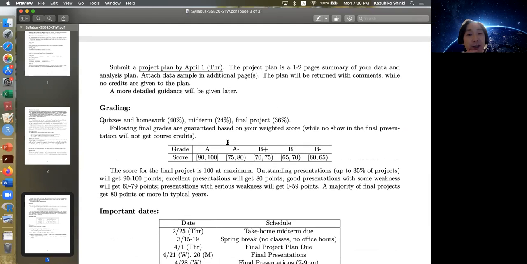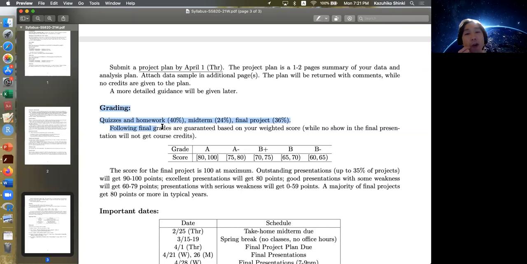Sometimes I ask students to resubmit the plan, usually if the plan is infeasible or you cannot really analyze the data. Only fundamental errors will lead me to ask you to resubmit.